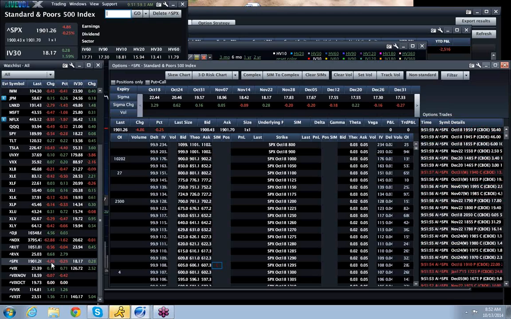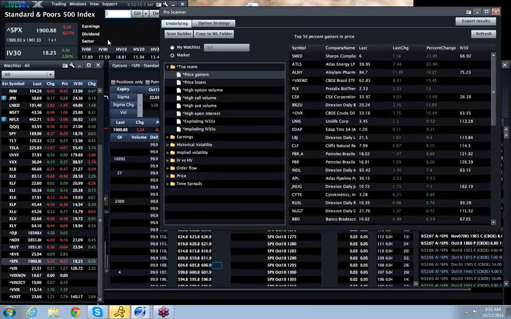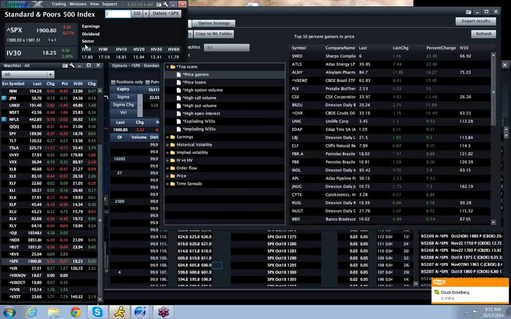You're going to hit some resistance at 1900, but that might be it. I'm not sure that this market's going to hold that well. I think we need potentially one more day of flush out before we're really able to bounce.